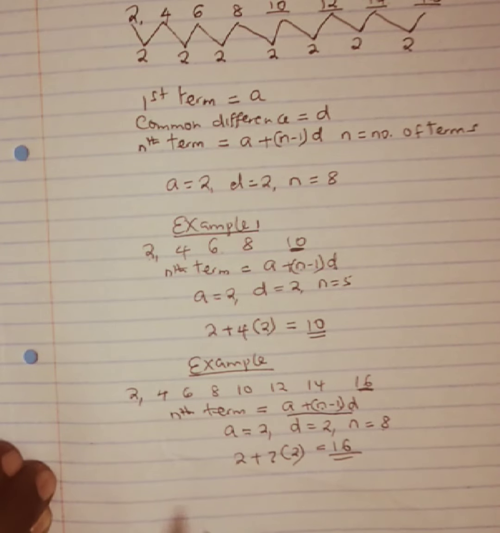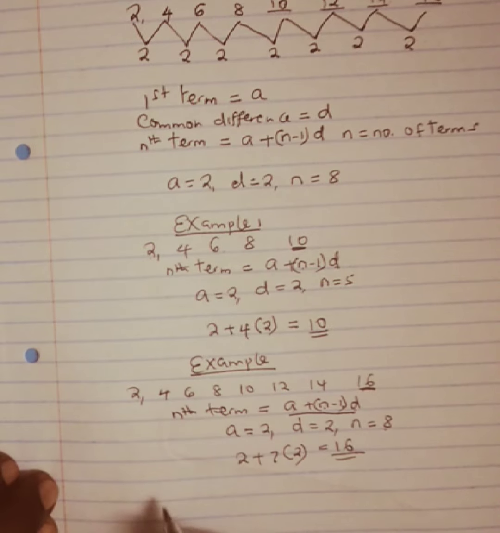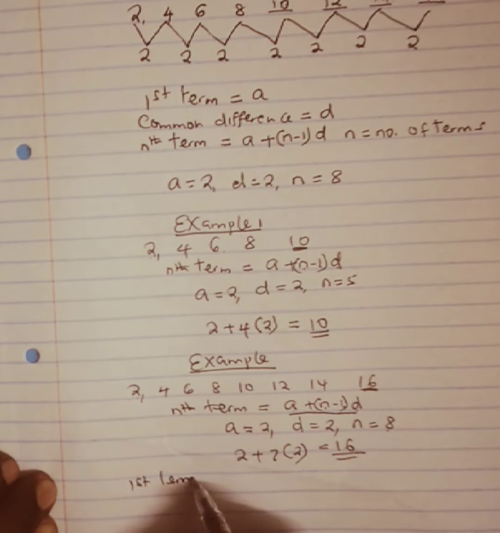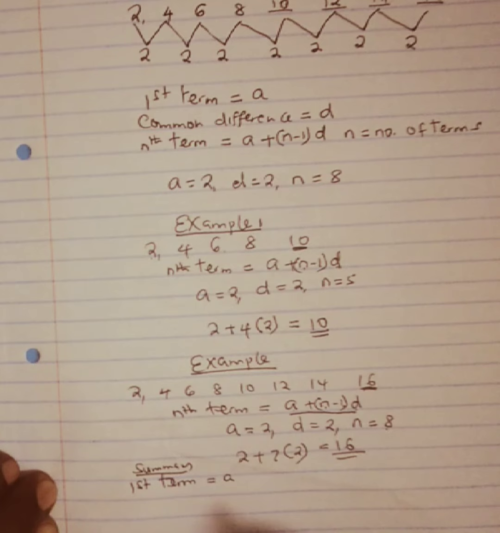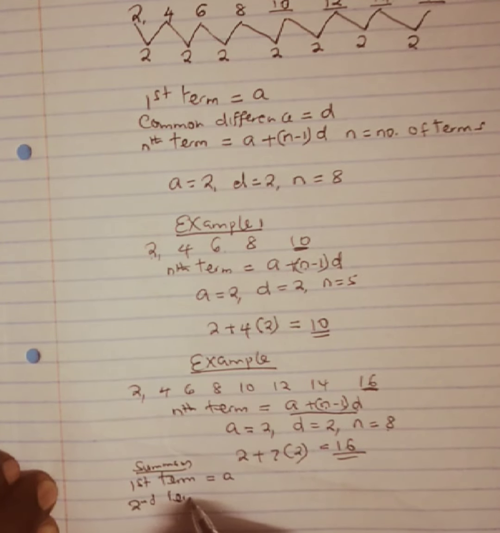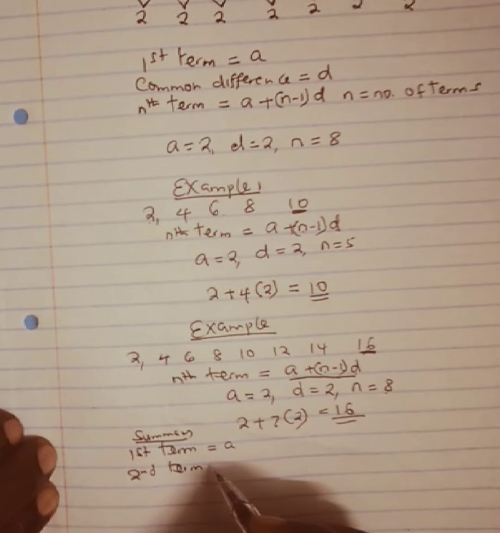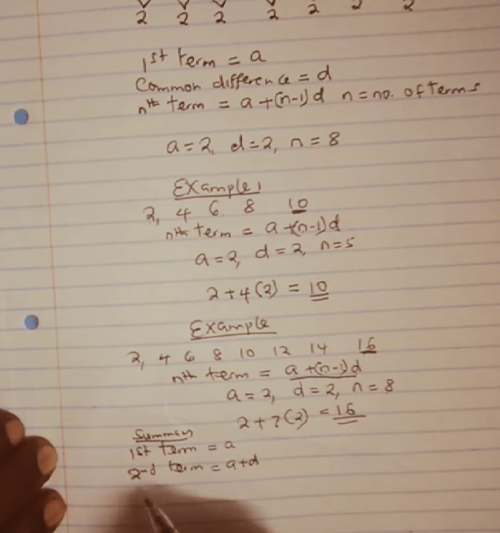So in summary, if we are talking about the first term, that is the summary. The first term is usually denoted as a. To get the second term, we usually take a and add d.